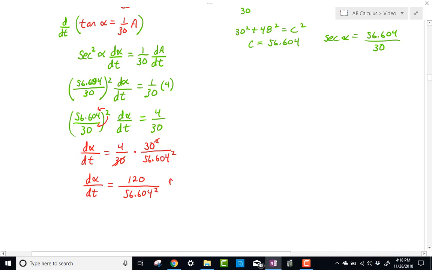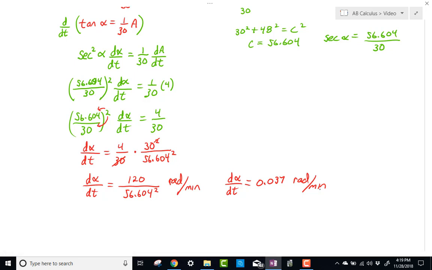So our angle is changing at 120 over 56.604 squared radians per minute. Okay, so hopefully that kind of makes sense in what I'm doing there. I'm just not simplifying. If we simplified it, we would actually get d alpha dt is equal to 0.037 radians per minute. Okay, so I hope that makes sense, and good luck.